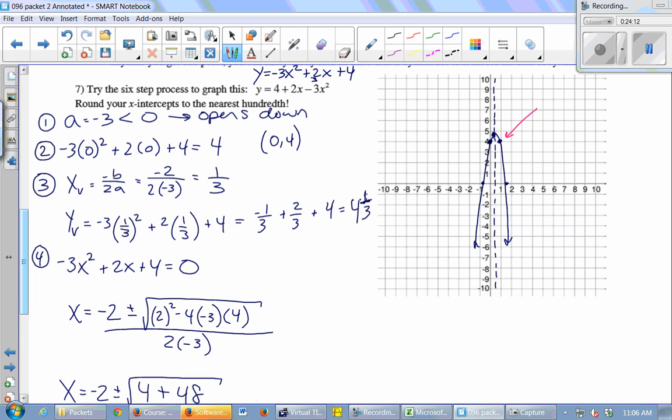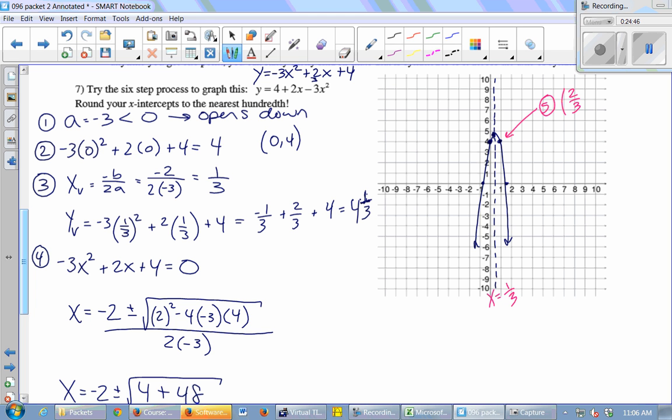So this point was step 5, I think. This is the point 0, 4. My axis of symmetry was at x equals 1/3. I found that in step 3 when I found the x coordinate of the vertex. So I have to move that point 0, 4 to the other side of the axis, so it lands at 2/3.